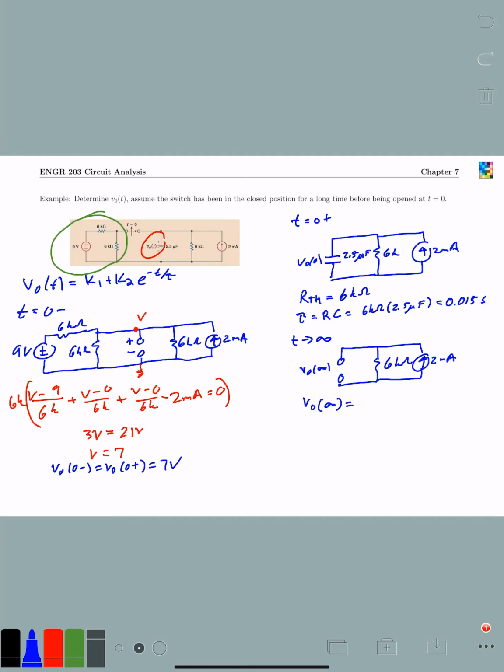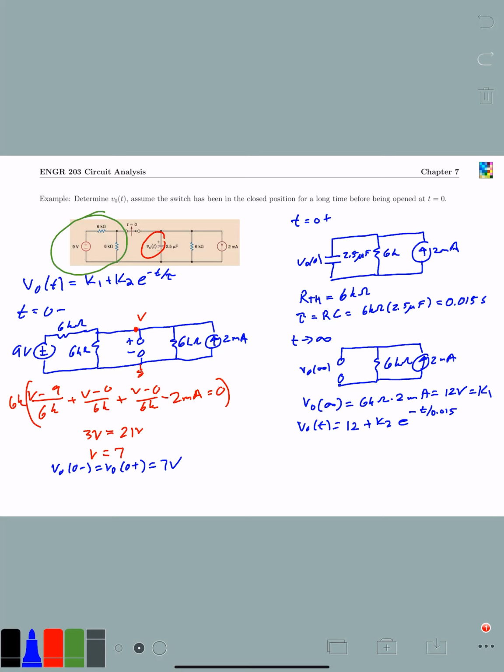So V0 at infinity by Ohm's law is going to give us 12 volts. And so that's what your K1 is. So V0 of t is 12 plus K2 e to the negative t over 0.015.